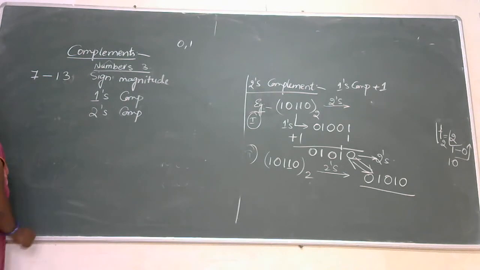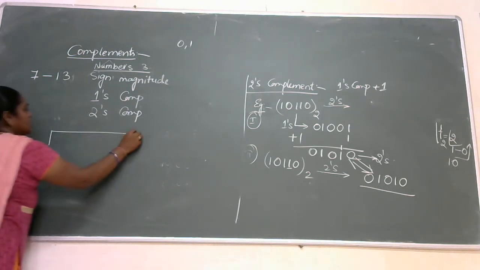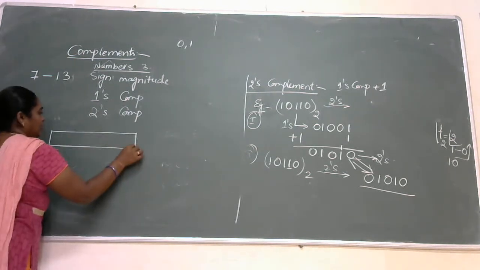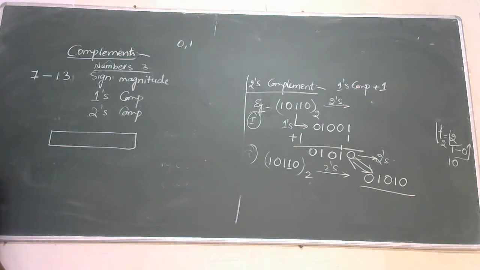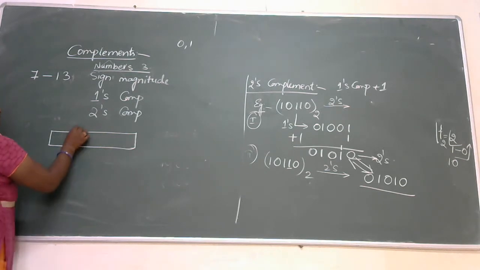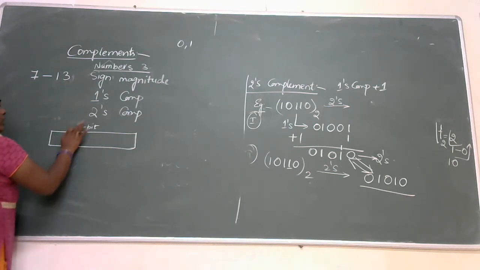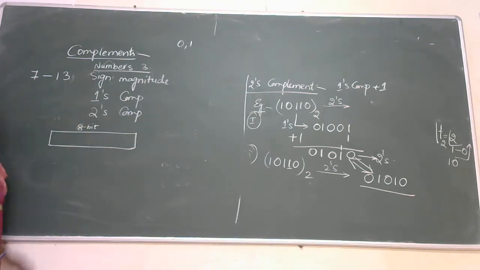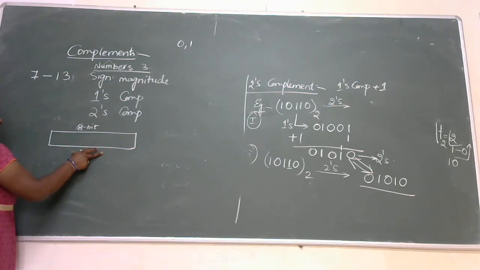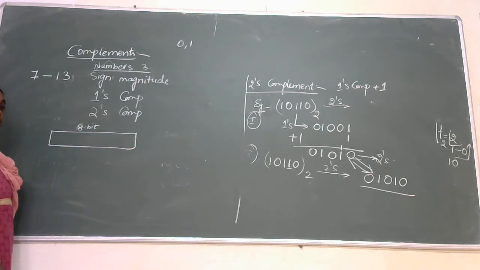In general, a system will store a number in the form of zeros and ones. Let me take, I am assuming that the given number is of 4-bit representation. So register.